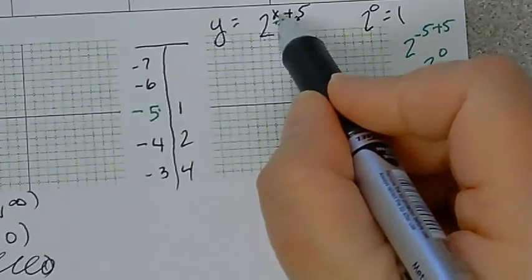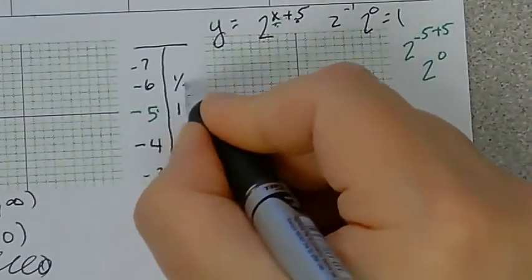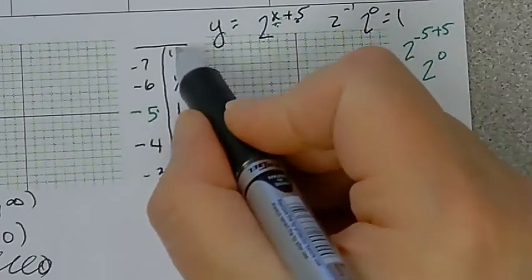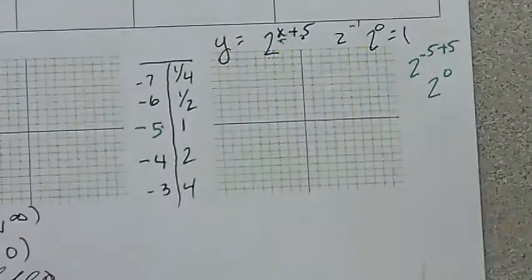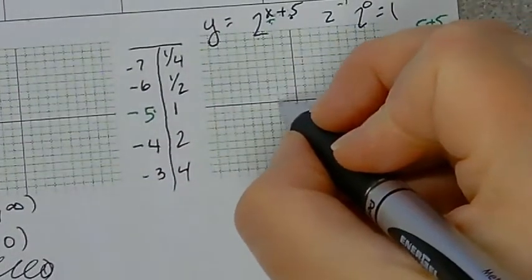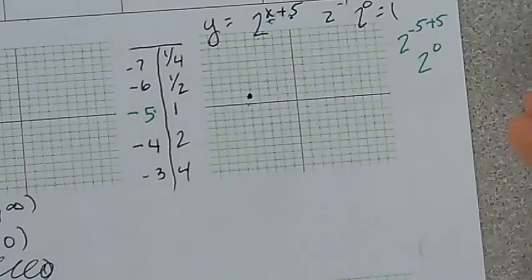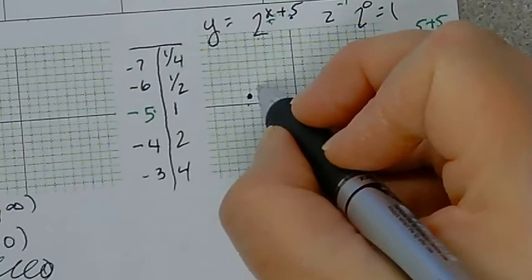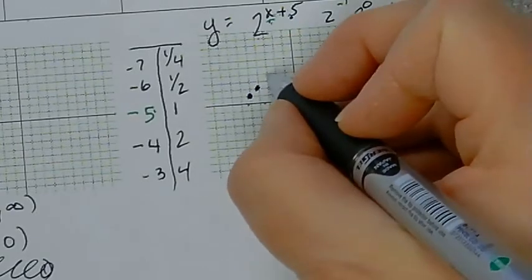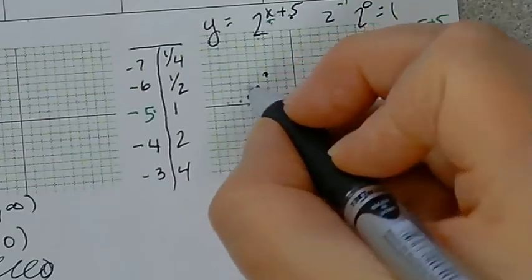If I pick -6, it's going to be 2 to the -1 power, which is 1/2. And so then the next one would be 1/4. So this one's going to look like this. I'm going to go over to -5 and up 1 for my first point. I'm going to go over to -4, 2, -3, 4. And then these are going to become fractions.